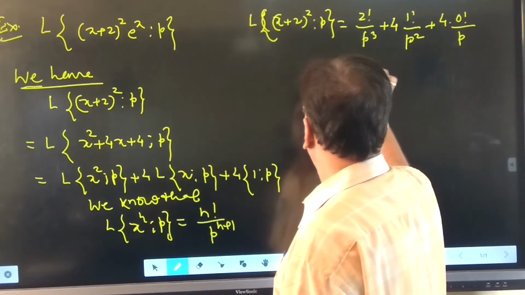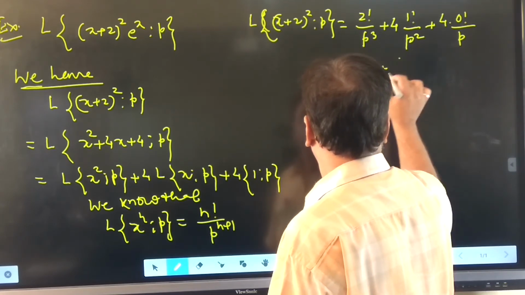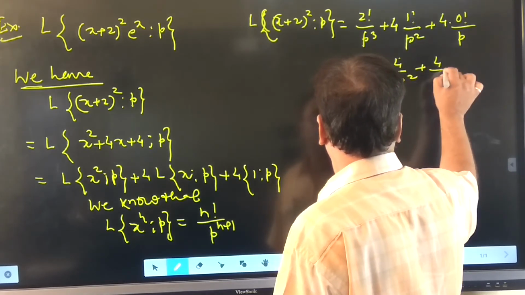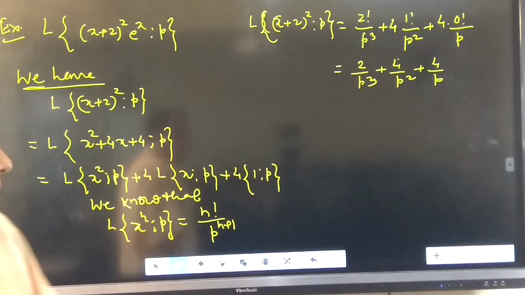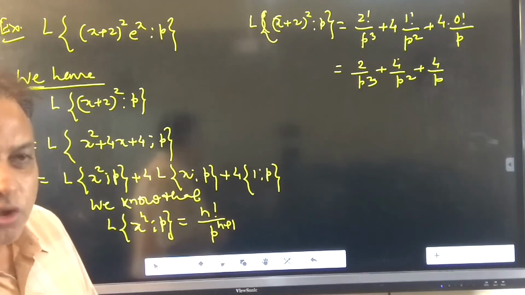So this comes to be 2 upon p cube plus 4 upon p square plus 4 upon p. This is the Laplace transformation of (x plus 2) whole square.